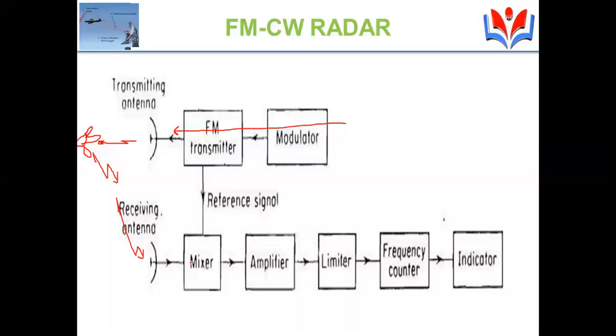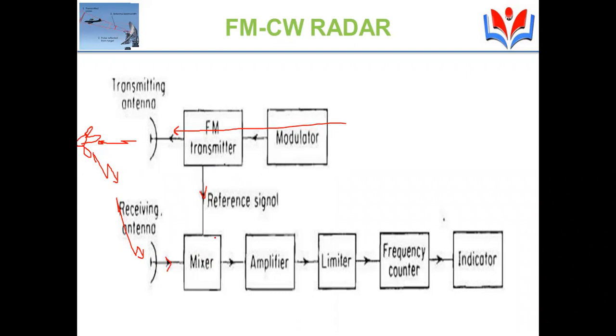Once it is received, it is applied to the mixer. The mixer takes one input from the received signal and another input from the reference signal. From these two signals, sum and difference frequencies will be generated.